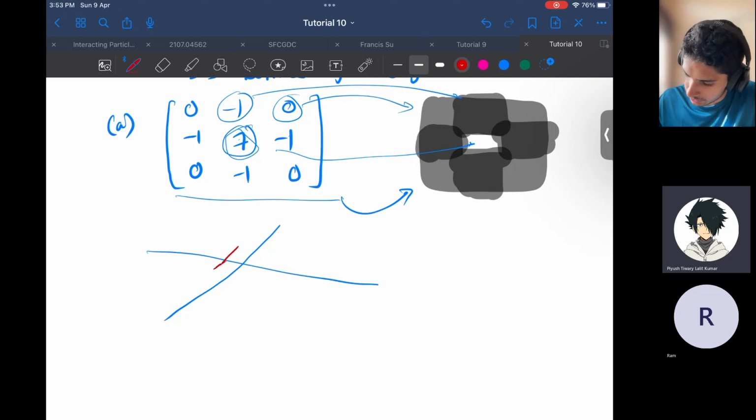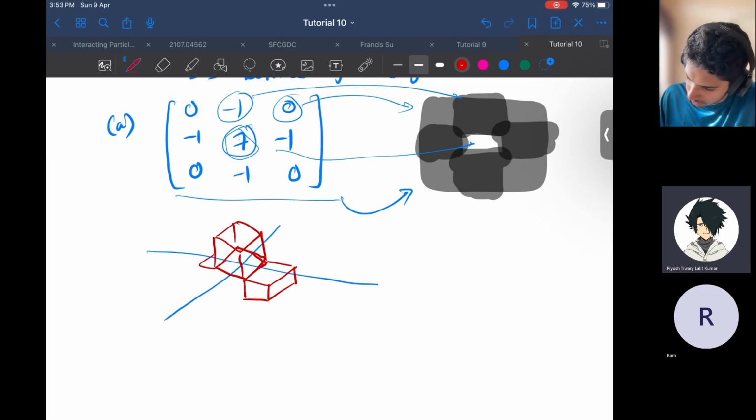Let us say that you have an image like this. Seven is a higher value, and the side parts have even lesser values, so it goes down like this.